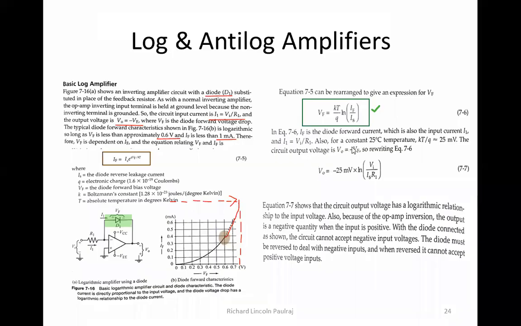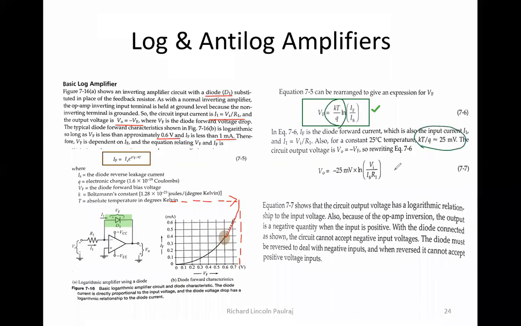We are going to consider this 25 to 26 degrees centigrade, and when I do kT by q, I'll approximately get 25 millivolts. So you can consider this as a constant. Even without calculating, you can just remember this value of kT by q, which is approximately 25 millivolts.